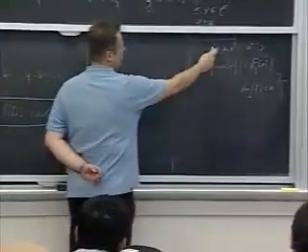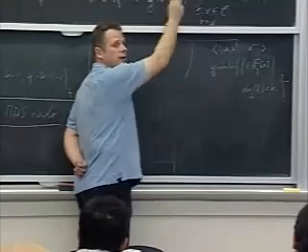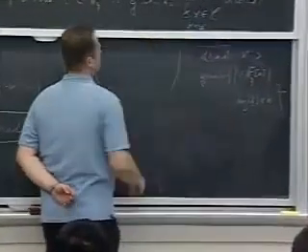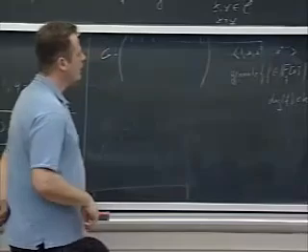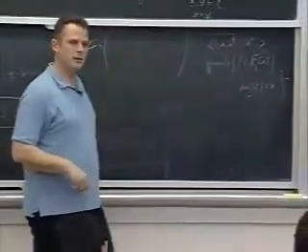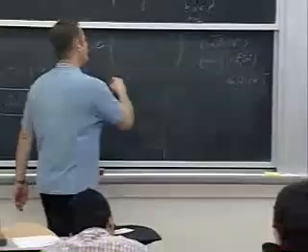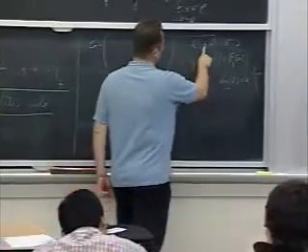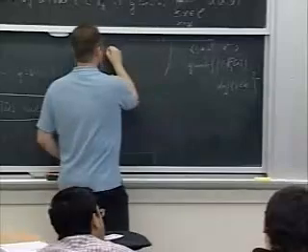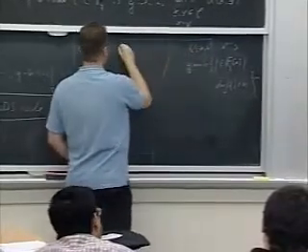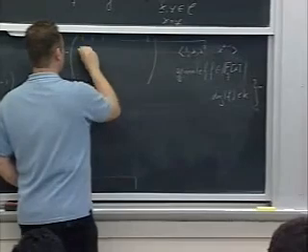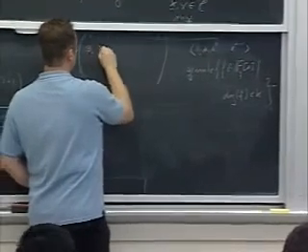So we evaluate the function 1 in all field elements, which gives us all ones. We evaluate the function x in all field elements. This gives us the next generator of the Reed-Solomon code. 0 gives 0, 1 gives 1, and so on.